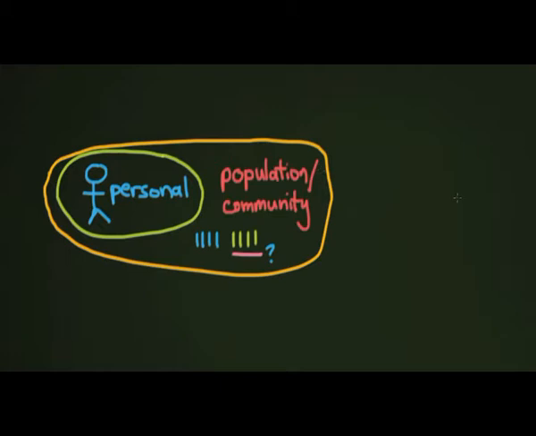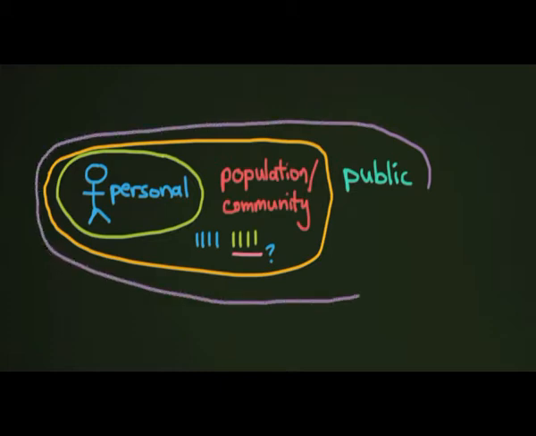And then you've got the public level, and let me find a cool color for public. You've got public health. And public health is an extension, or just a broader term that basically means the same thing as the layer below it, except that it has a lot more to do with policy, which we'll probably not be talking about too much in this course, but it definitely has more to do with policy and action.